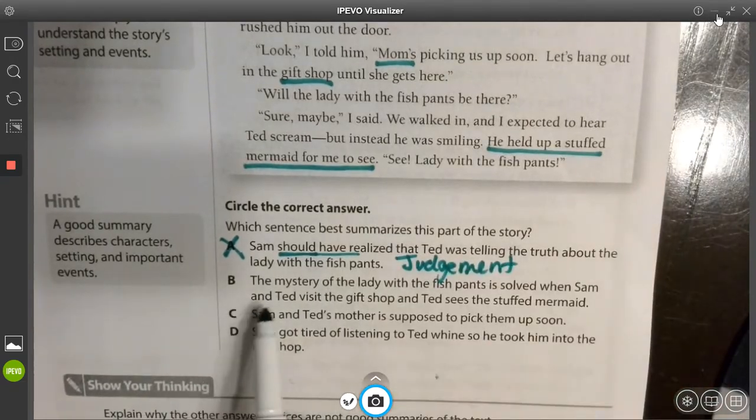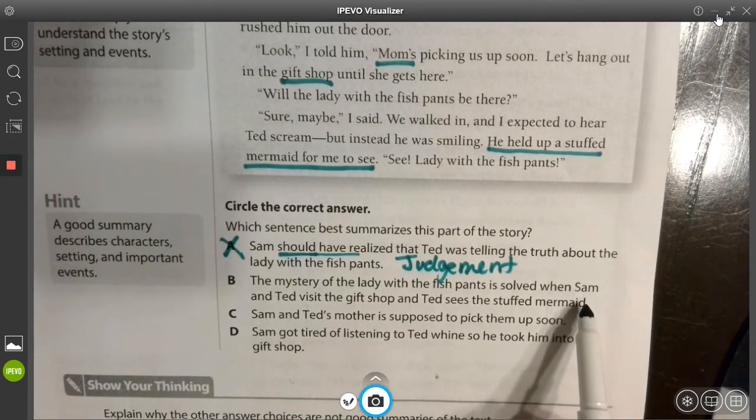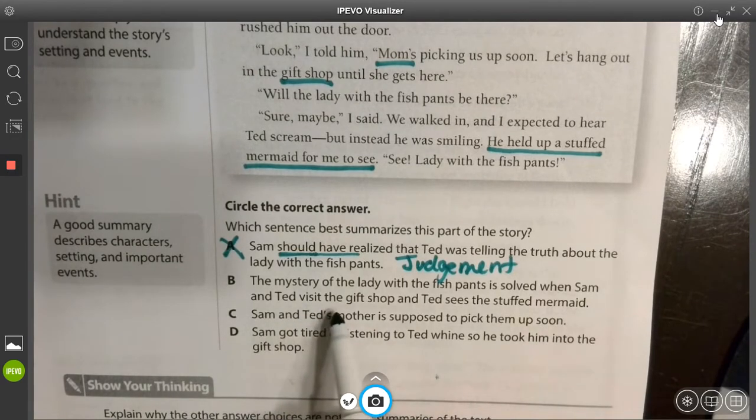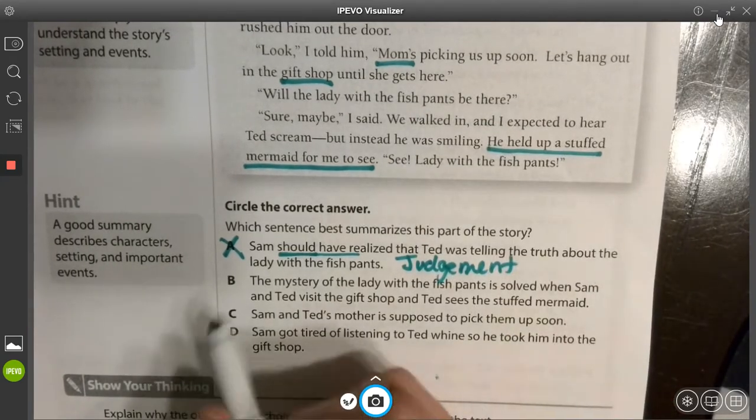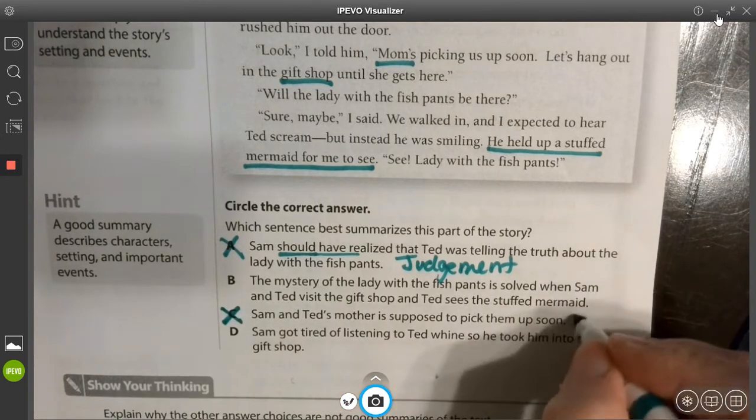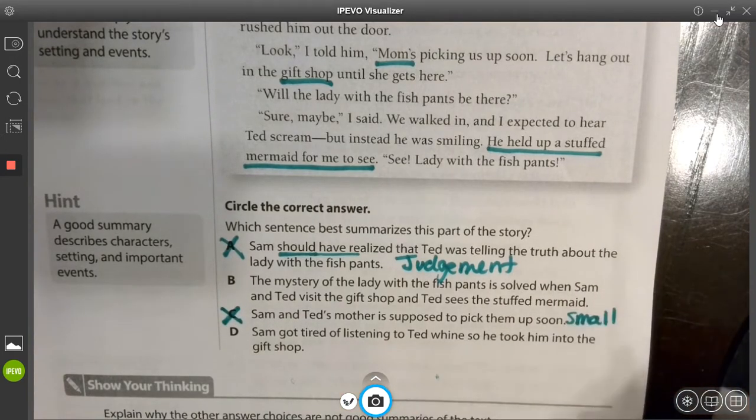B says the mystery of the lady with the fish pants is solved when Sam and Ted visit the gift shop and see the stuffed mermaid. Okay, that could maybe be a good summary because I don't see any opinions or judgments. Let's take a look at C and D. C: Sam and Ted's mother is supposed to pick them up soon. Okay, well, that is true because it does say Mom's picking us up soon, but it's just one small detail, not a whole summary.